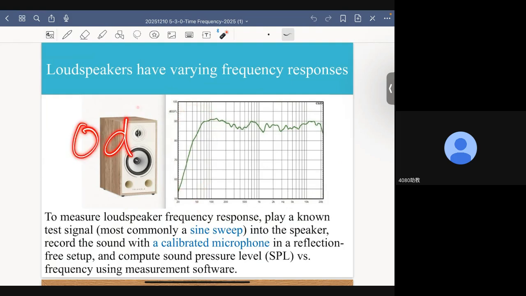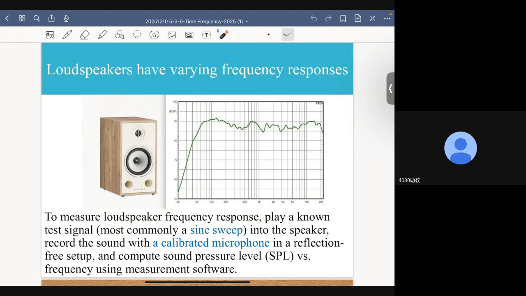It's not 0 dB, right? Therefore, you cannot expect it to produce strong bass from such a small bookshelf loudspeaker. It is just physically impossible. All right.